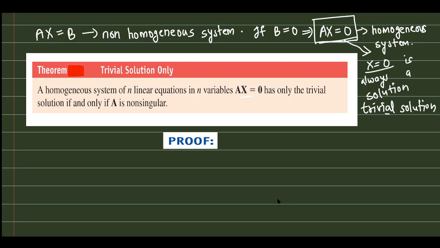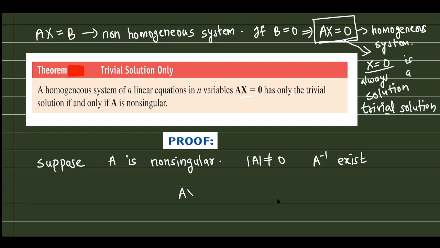Suppose A is non-singular. A is non-singular means determinant of A is not equal to 0 and A inverse exists. So in this case, we should have only the trivial solution. The system of equations is Ax equal to 0.